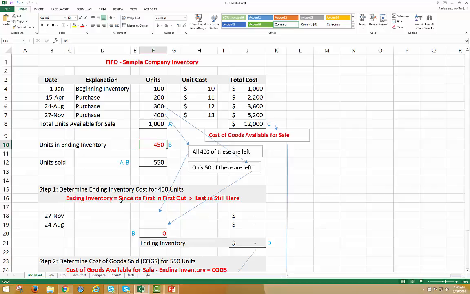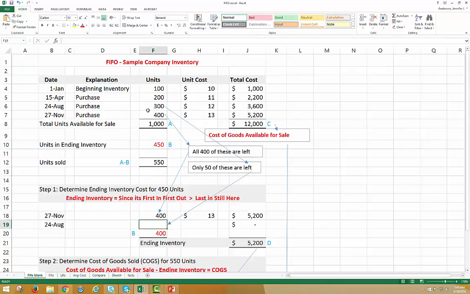For ending inventory, using the first in, first out method, the first ones in are the first ones out. So this 550 is going to be coming out at the top here. The last ones in are still going to be here. So this 400 is still going to be here, and those cost the company $13.